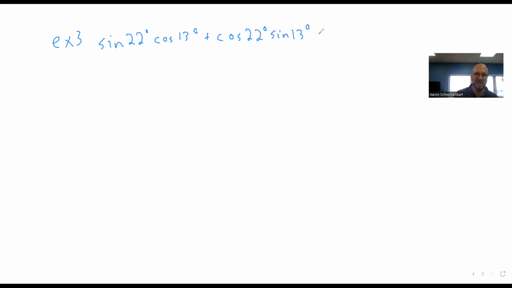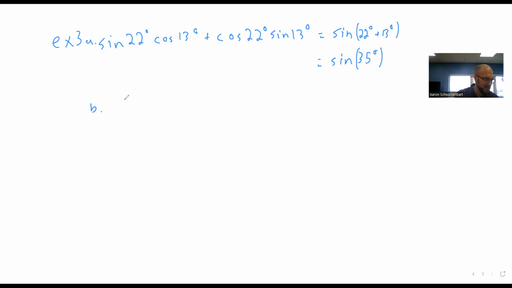This looks like the sine sum identity. Sine 22 plus 13 equals sine of 35. That's part A.